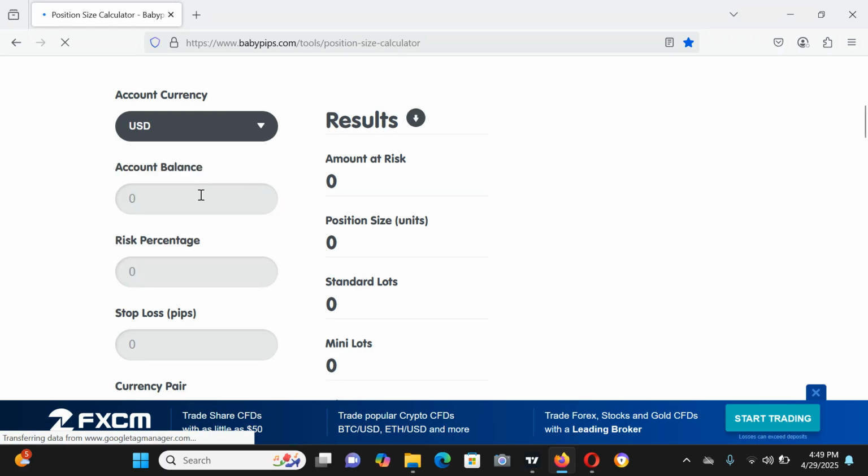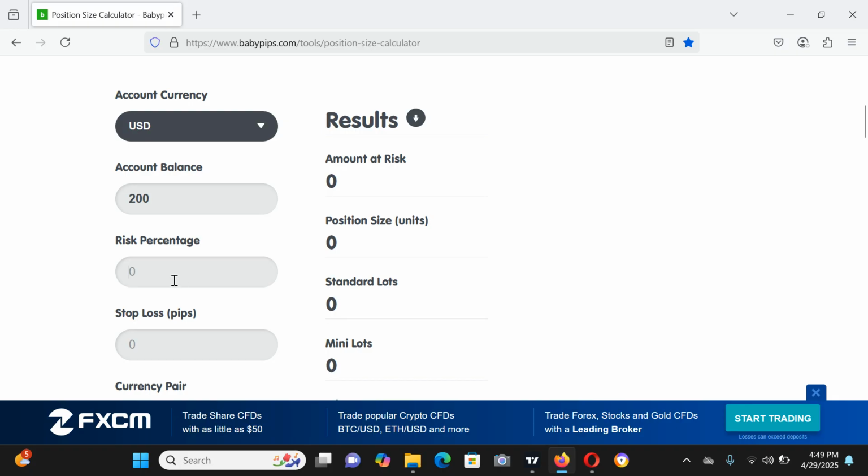Then the account balance. Let's imagine our account balance is $200, and then how much are we risking out of this $200 that if we lose, it will not really pain us, it will not really affect us, either psychologically or otherwise.